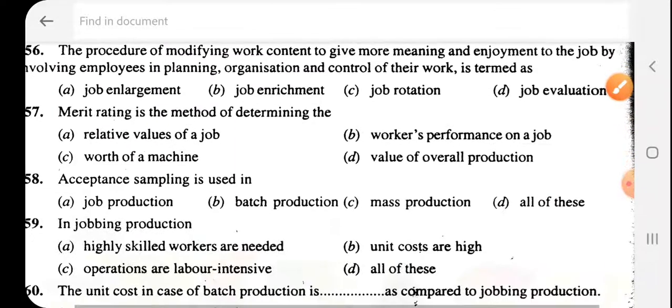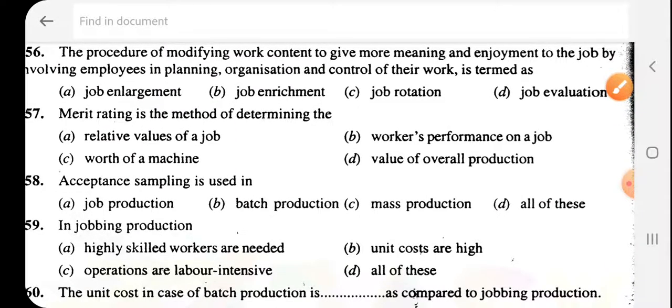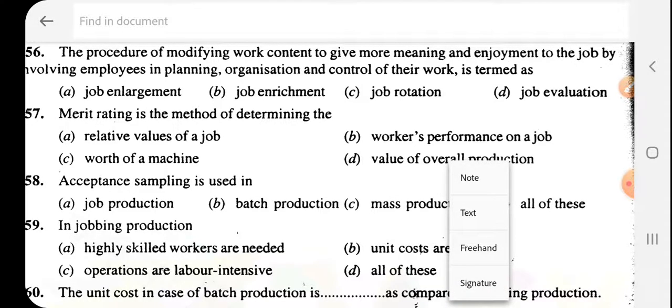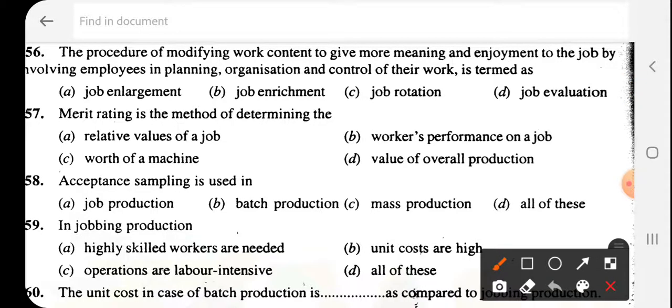Next, the procedure of modifying the work content to give more meaning and enjoyment to the job by involving employees in planning, organization, and control of their work is termed as, 156 is A, job enrichment.